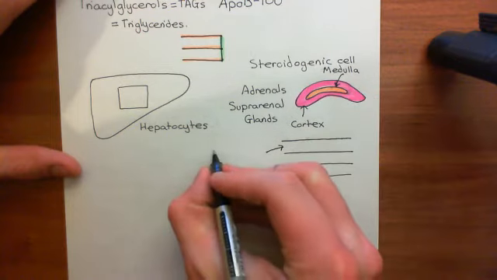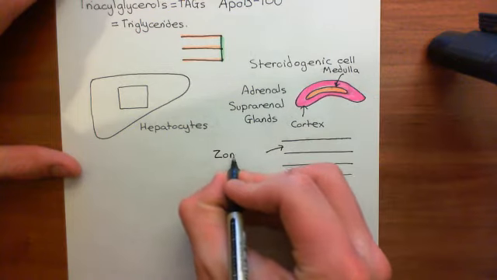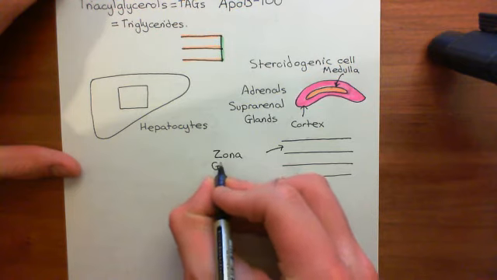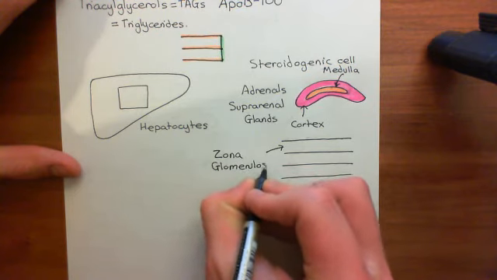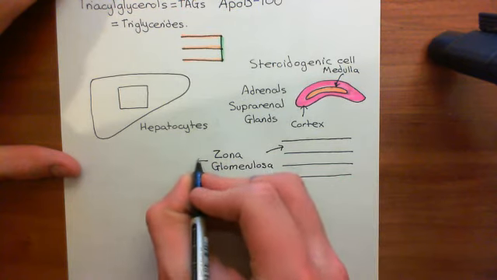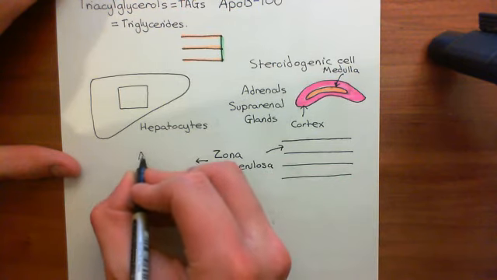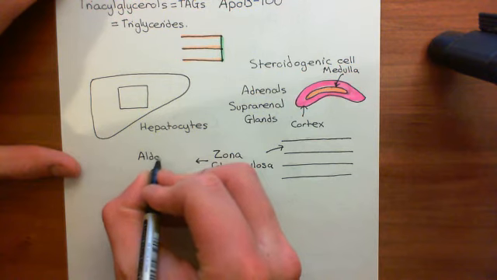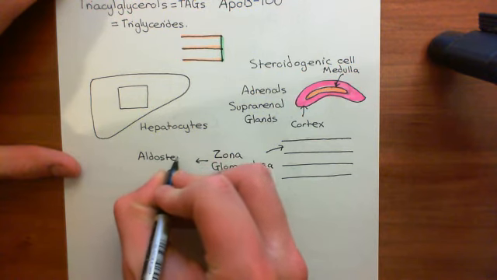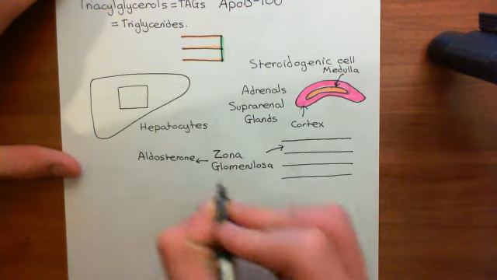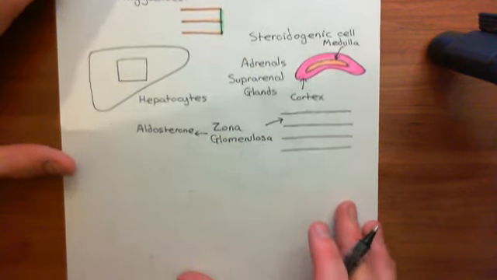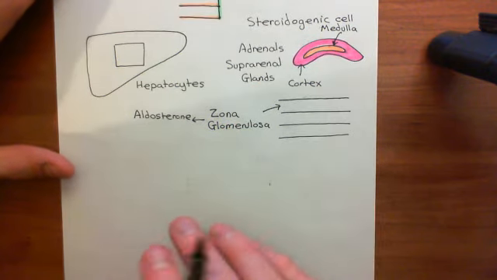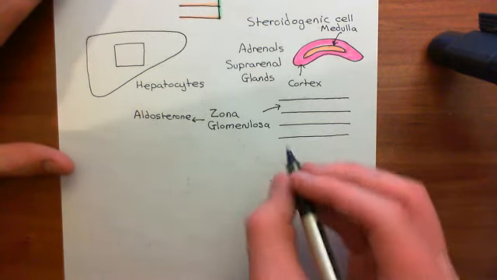This layer is responsible for the production of the steroid hormone aldosterone, which affects kidney function. It makes the kidney reabsorb more water, basically. It has an important role in maintaining body fluid volumes, and it's involved in the renin-angiotensin-aldosterone system.